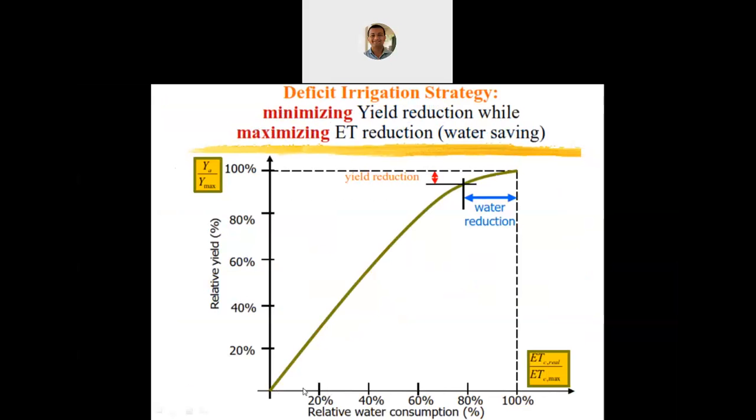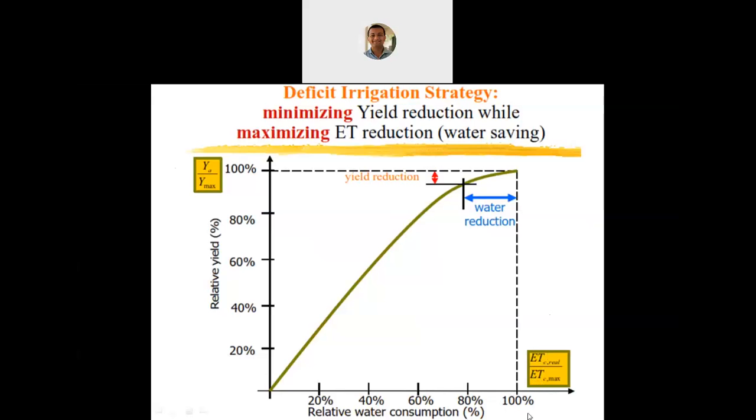So if we look at this theory diagrammatically, we can see that as the relative water consumption increases, the relative yield also increases, and at 100% water consumption there is 100% yield, that is actual yield upon maximum yield. So this axis gives us the idea of actual yield upon maximum yield, while the x-axis gives us the estimate of actual crop evapotranspiration upon maximum crop evapotranspiration.